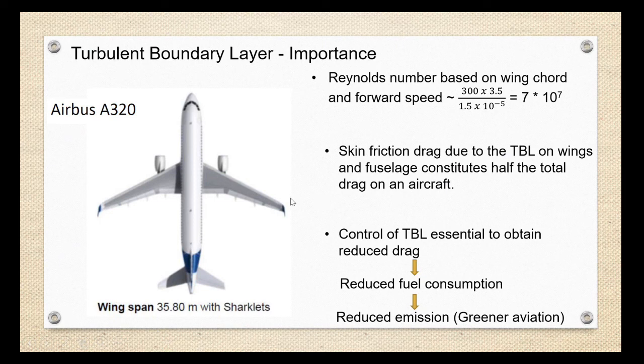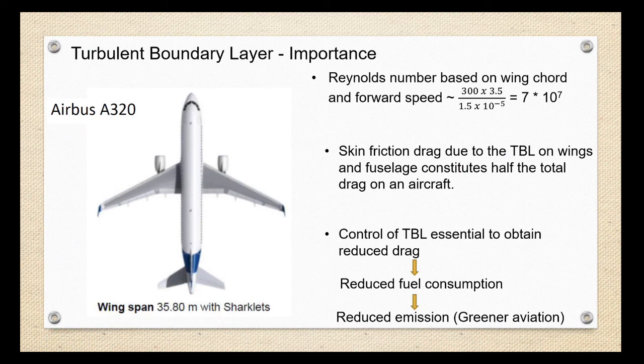And whenever a turbulent boundary layer is present on aircraft wing or fuselage, there is considerably higher skin friction drag that the aircraft experiences. And in fact, for typical passenger aircrafts, this drag is about half of the total drag on the aircraft.